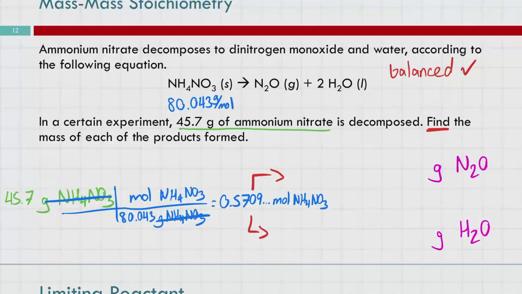What to what? 1 mole to 1 mole. We love to see it. So a 1-to-1 between N2O and NH4NO3, that means it's going to be the same number. So we've got a 1-to-1 ratio, 0.5709... moles N2O.